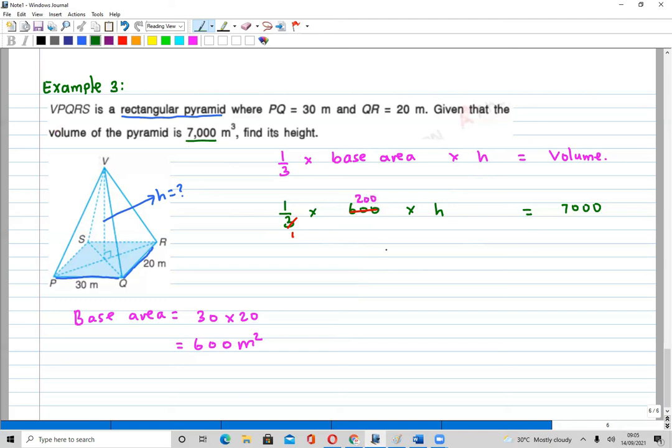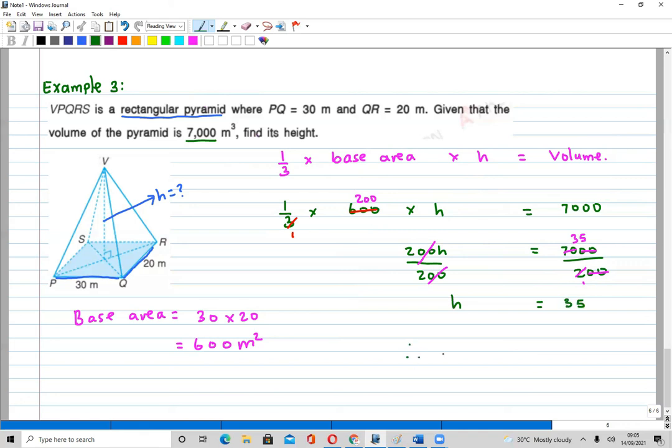So we have got 200h, which is equal to 7,000. So we divide on both sides by 200, so that 200 goes with 200 and we remain with h. We can cancel these 2 zeros with these 2 zeros. We remain with 70 divided by 2, which is 35. So this means that h is 35.